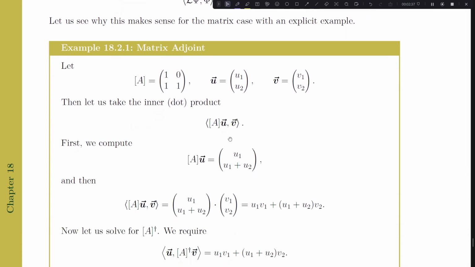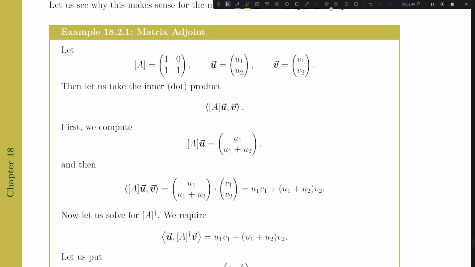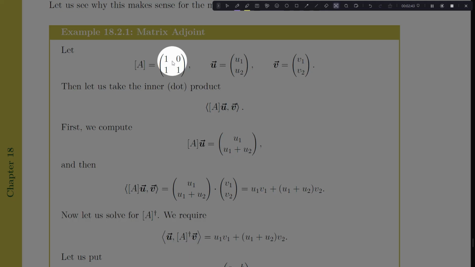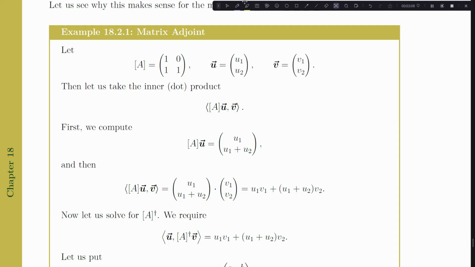Let's look at the matrix adjoint really quick. This is an example where the matrix A is [[1, 0], [1, 1]]. If we define vectors u = (u1, u2) and v = (v1, v2), and we act the matrix on u and compute an inner product with v, we end up with u1 v1 + (u1 + u2) v2.